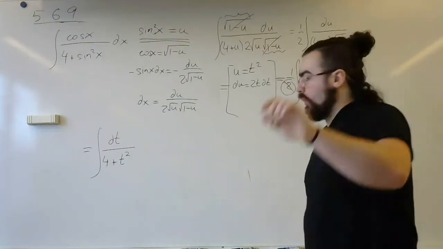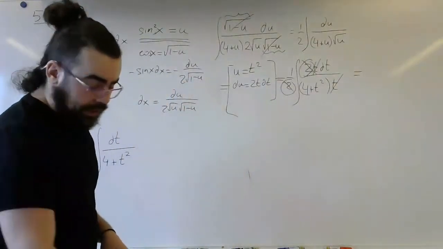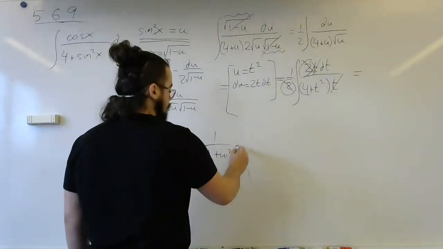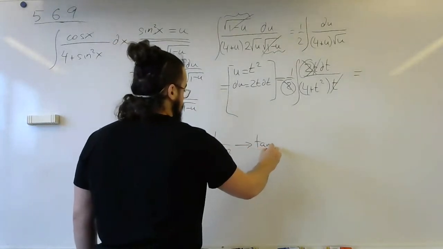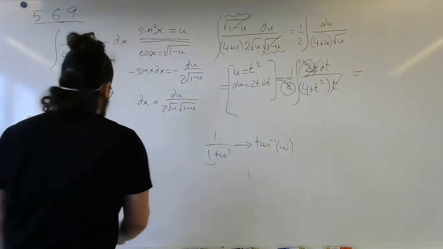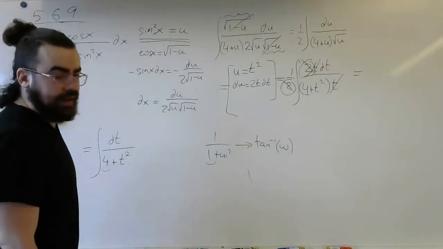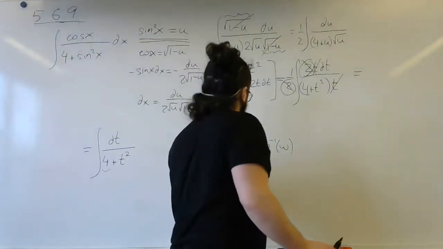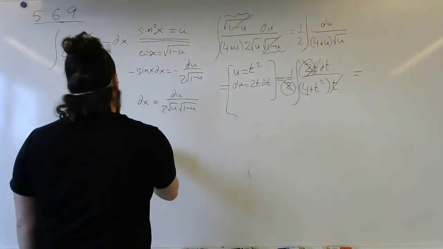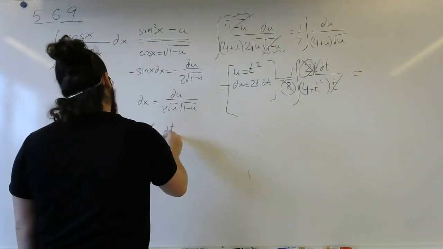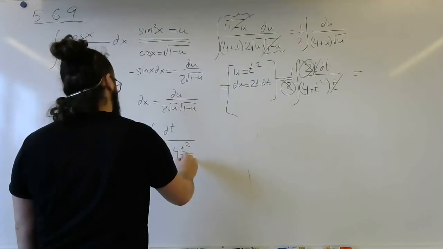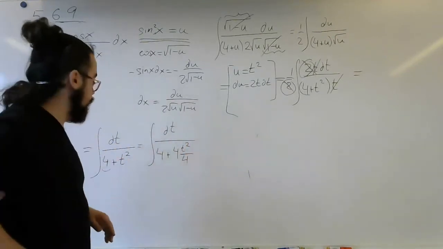Good. We are one step away. We know that if we have this, we have a tangent of -1, but here we don't have a 1, we have a 4. We have to make a 4 appear here. What I'm going to do is divide and multiply by 4 here. I've done nothing, this still works.